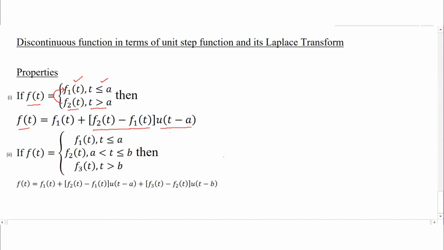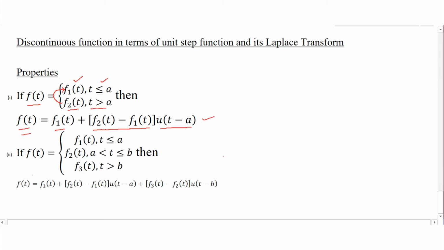That's the first property we have. So whenever you have a discontinuous function of this form, you have to write f of t is equal to f1 of t plus f2 of t minus f1 of t into u of t minus a. That is the first property we have.